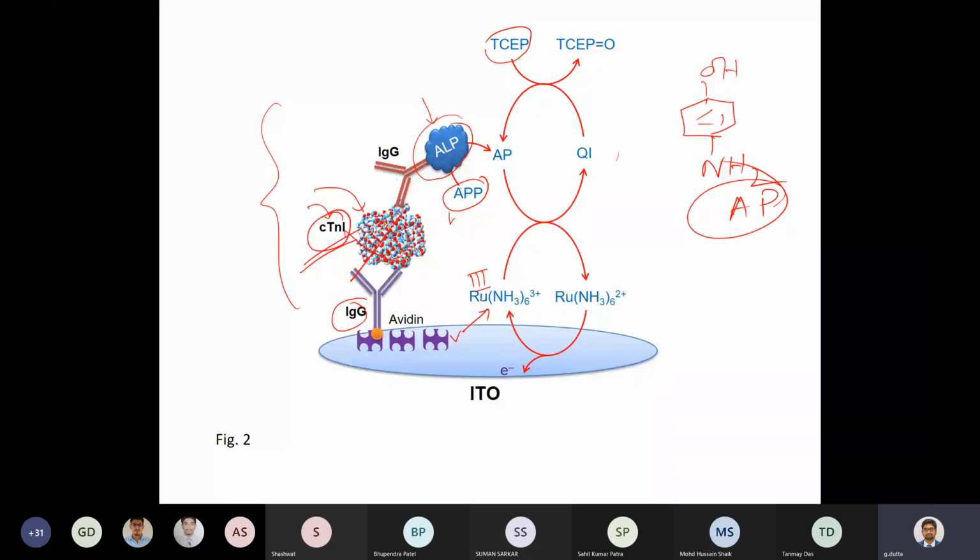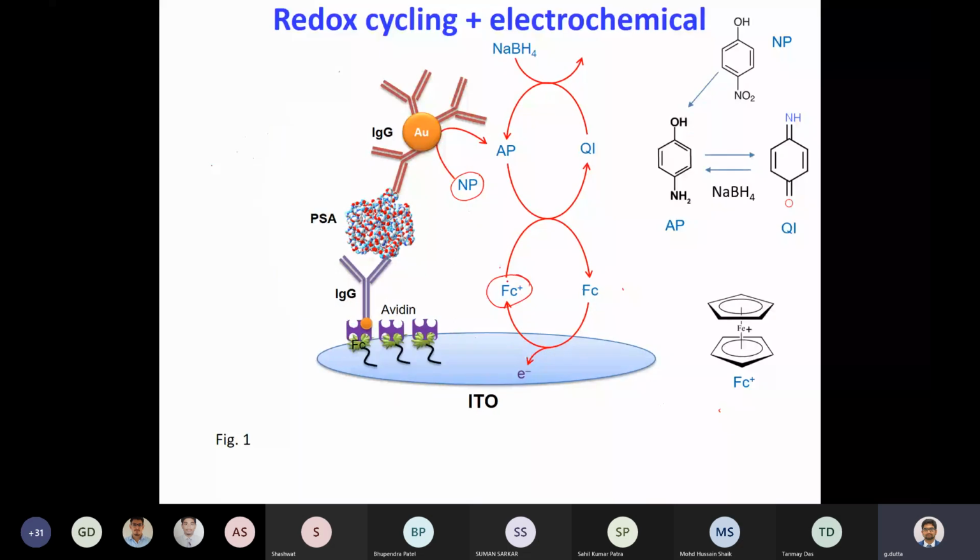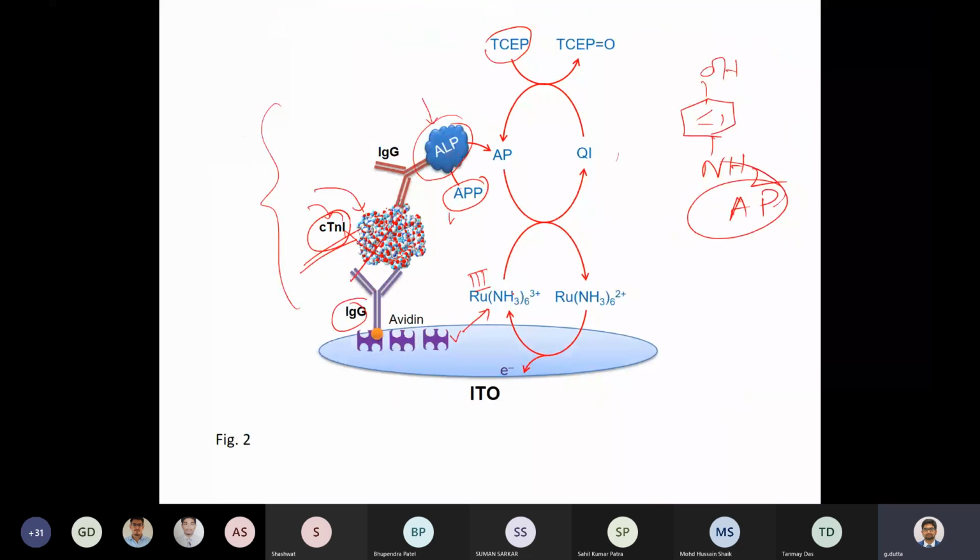Generally, in the ECC redox cycling we use the higher oxidation state material as the starting material. You can see last time, Fc plus and Fc, we used the +1 higher oxidation state. Same way here we are using ruthenium, another redox couple. Ruthenium 3, ruthenium 2 is another redox couple, but we are using ruthenium 3, the higher one. Why?